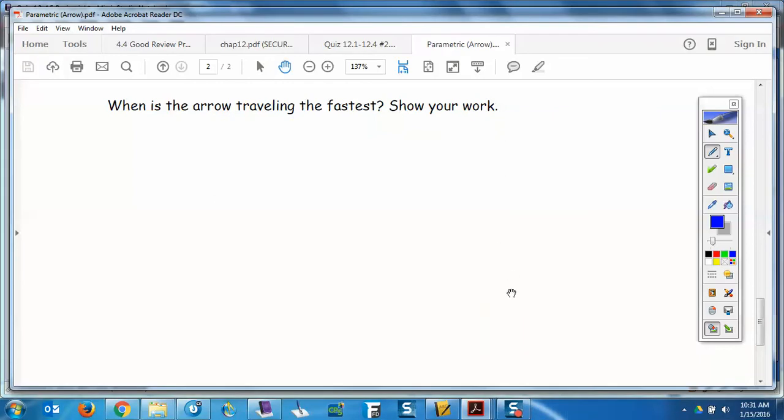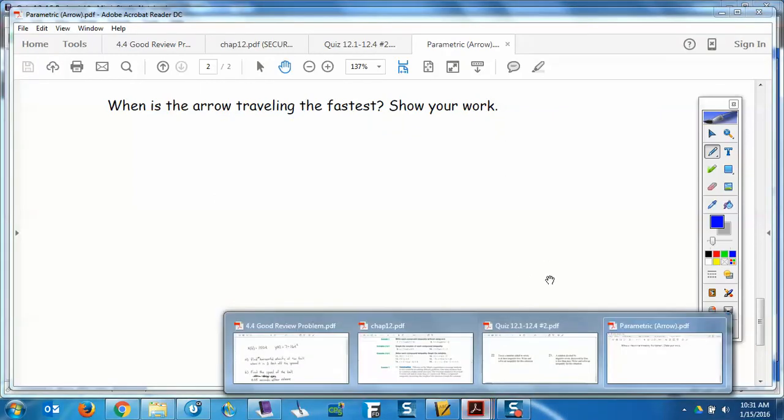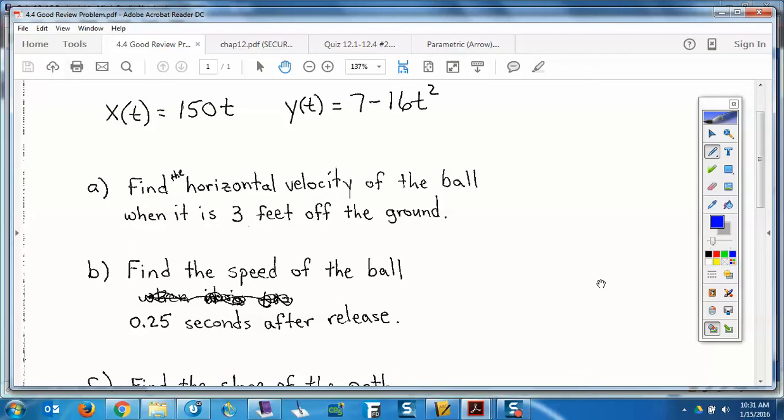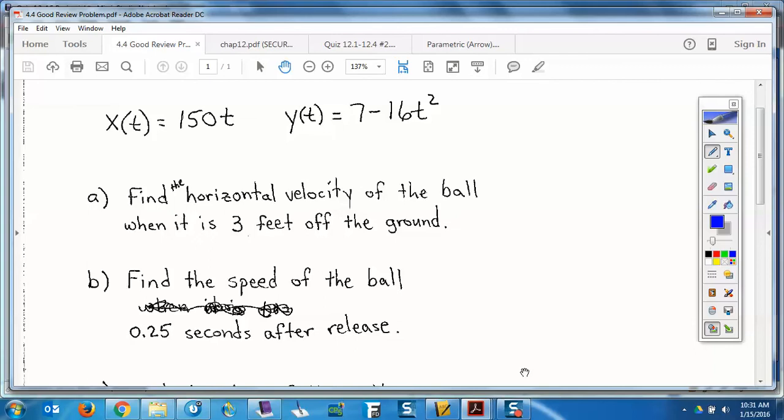Okay, while we're talking about parametrics, let's just do this one right now. So get your calculators out. And let me just give you a pretty simple one, and let me ask you some questions. So this is like the pitch. This is like when we threw the pitch, right? So go ahead and, I didn't say to graph this one, but let's graph it.